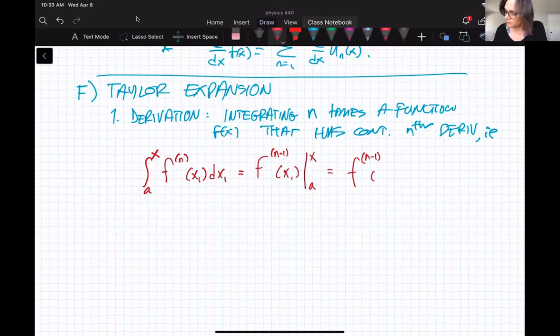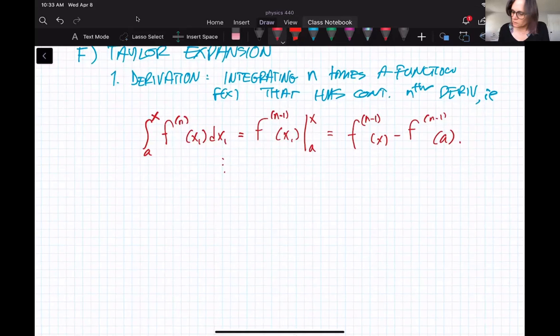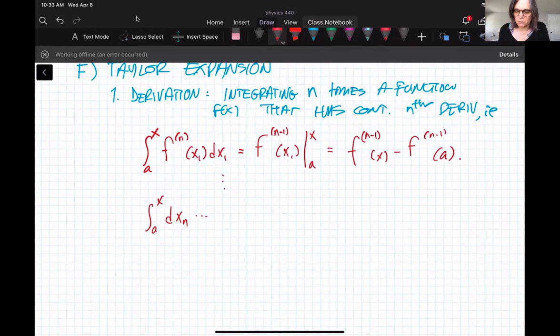And that's equal to that, obviously. But if we keep doing this, right, we can develop essentially a series of embedded integrals.